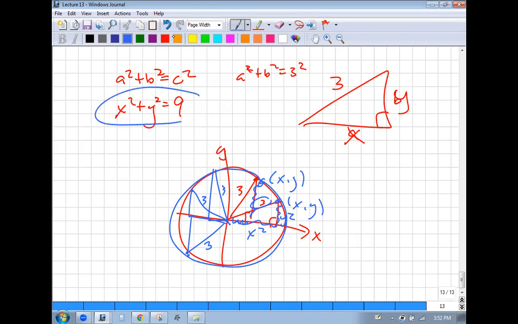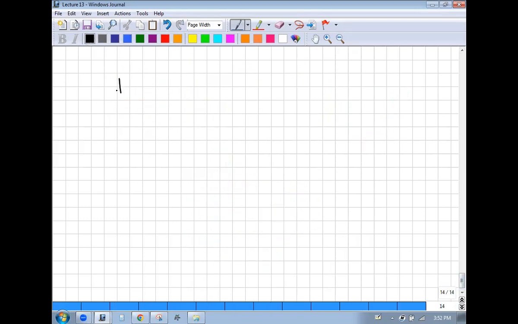All right, and then this equation of a circle is also your distance formula. Did we use the distance formula? We didn't do that yet. Let's say I have two points. Here's P2 and here's P1. This point is (x1, y1), and this point is (x2, y2).